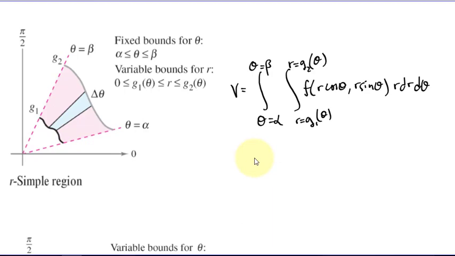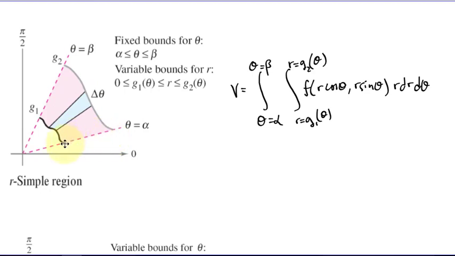This region has fixed bounds for theta. It's a region that has constant boundaries at different angles. The alpha and beta form constant boundaries for the region.